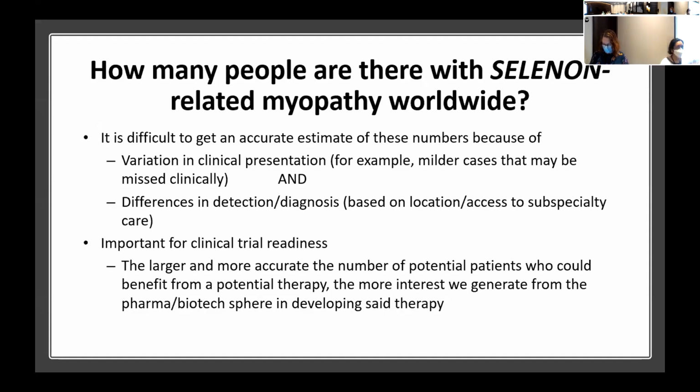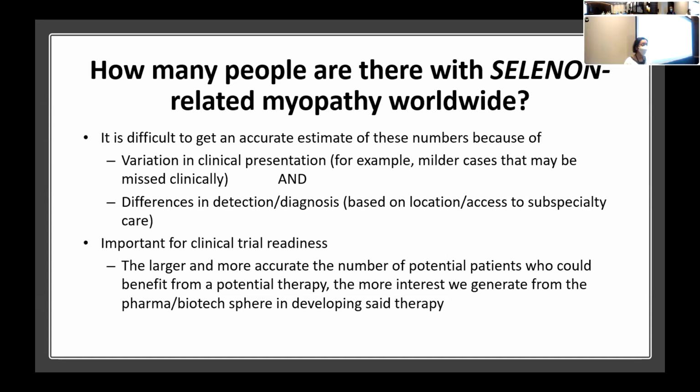Okay. So this is the overarching question of this work: how many people do we think there are with SELENON-related myopathy worldwide? And I want to pause for a second and remind ourselves why this matters. It's difficult to get an accurate estimate of these kinds of numbers epidemiologically because of a lot of variation in the clinical presentation. I think, Lainey, as you mentioned yesterday, there can even be variation within a family.